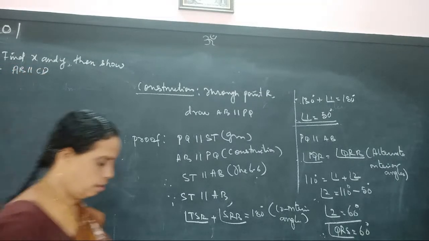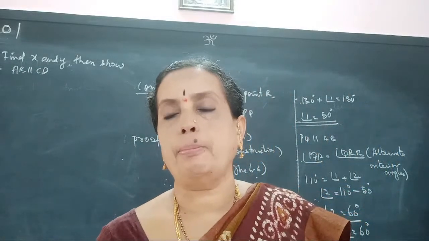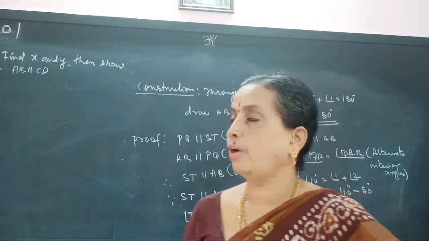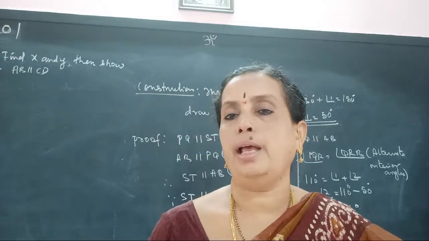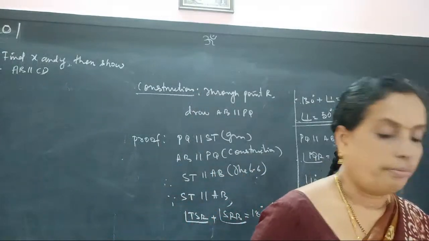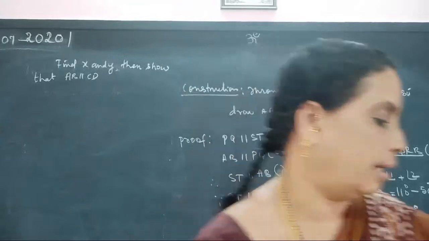So here in the beginning we cannot consider the lines are parallel. After getting the measure of x and y, by the converse of the corresponding angle axiom, we can show that the lines are parallel.